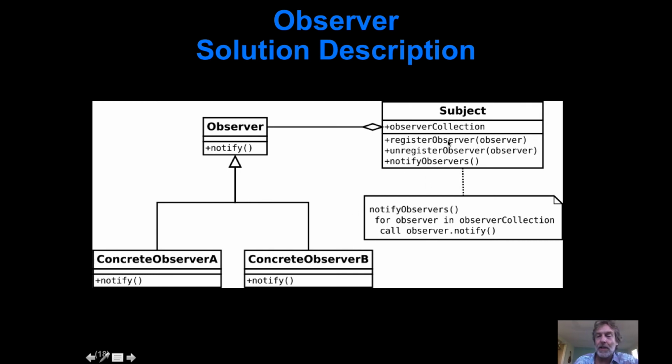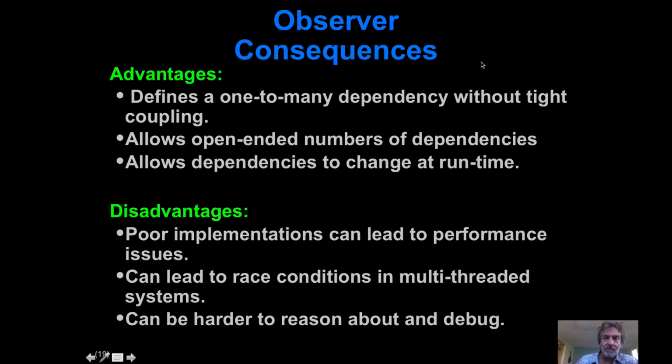So they invoke a method of the subject object to add themselves to this observer collection, and then whenever the subject state changes, it knows to invoke this method called notify observers, which just runs through the list and calls the notify method of each observer instance, which is going to enable these observers to do whatever it is they want to do when that subject has changed its state.